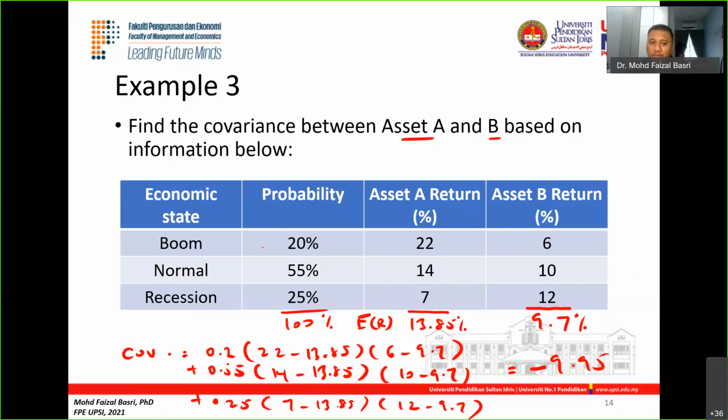But during a boom, meaning during the best economic situation, they move in different directions. Stock A becomes higher, but stock B is losing returns. And vice versa during recession. They move in different directions. So therefore, it is expected to have negative values of covariance.